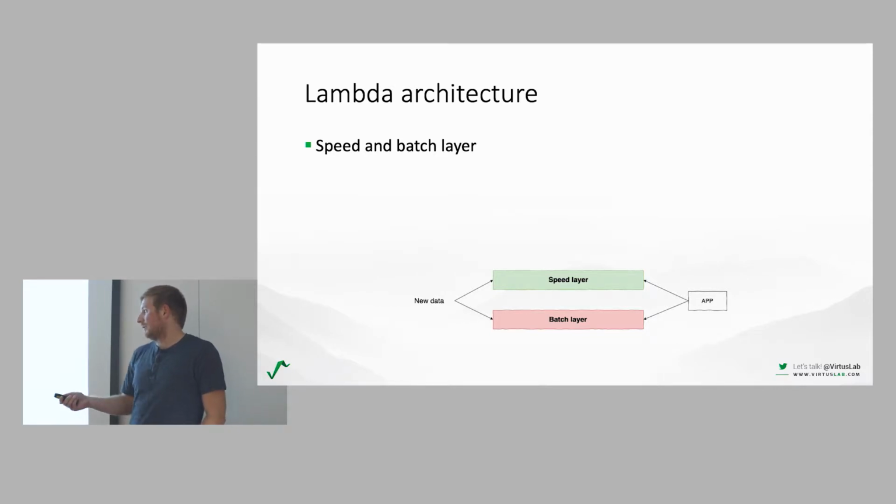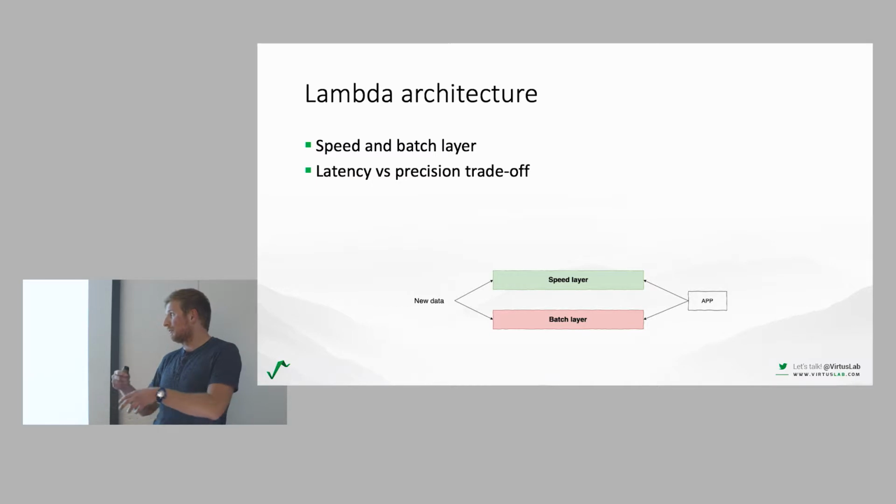As the batch layer runs from time to time, probably at some time interval, you need to acknowledge that this comes with the cost of additional latency. So you have this trade-off, and you need to make a decision, which is not that easy at some point.